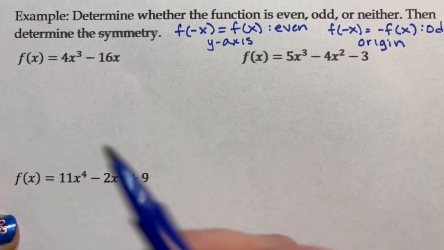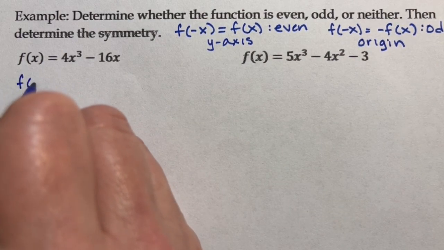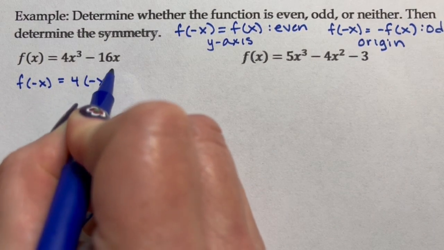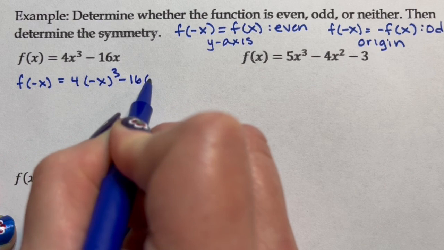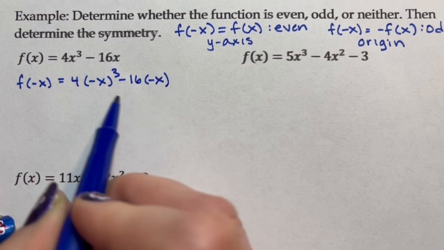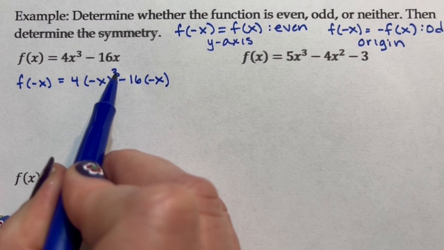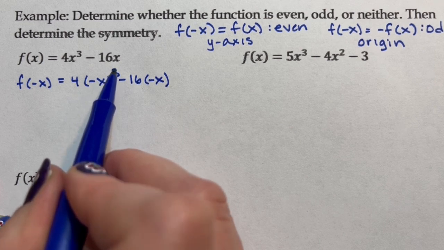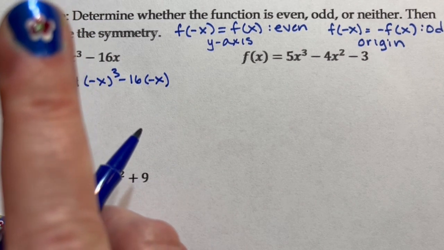So let's start doing our tests. f of negative x would be 4 times negative x cubed minus 16 times negative x. Any negative x to an exponent, every pair becomes even.